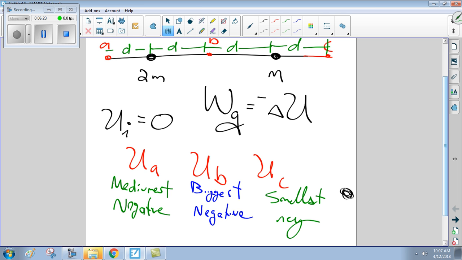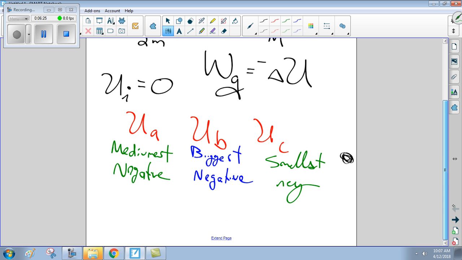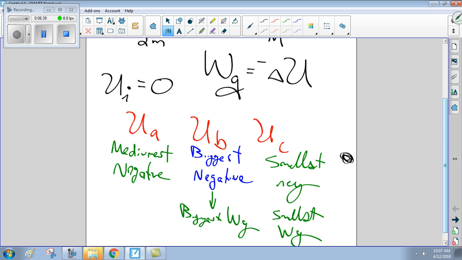All right, so this corresponds to the largest work by gravity. So biggest work done by gravity, which then means that this one must be the smallest work by gravity. Follow you guys? Those are a drag, so you really got to be careful with those signs. Any problems with it?